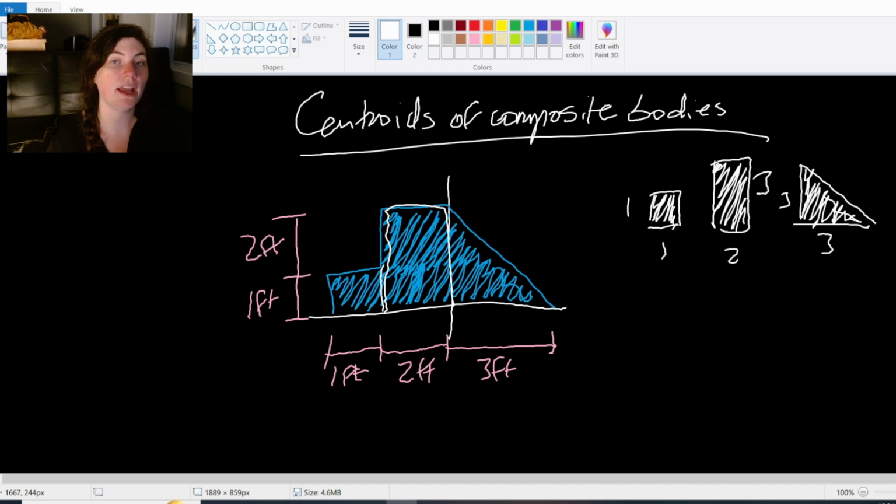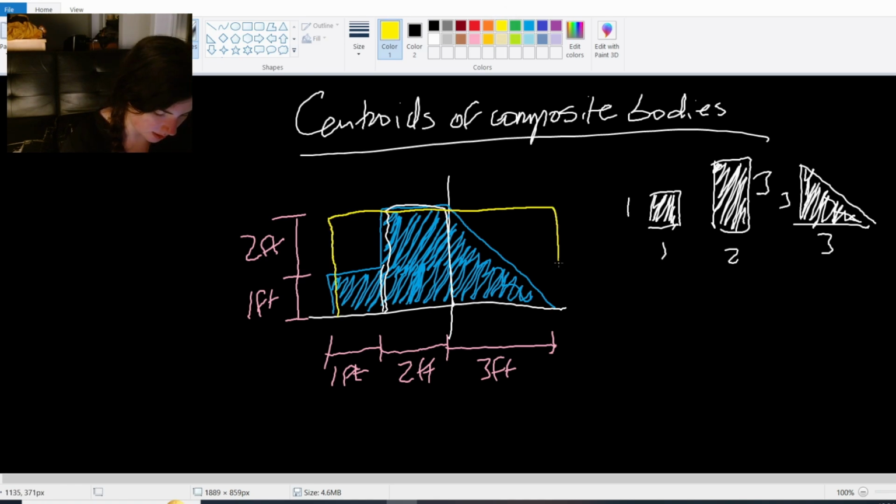But we can also account for the blank spaces. We can add in blank space shapes and use those as subtractions. So what we could do is say, okay, I'm going to do this whole thing as one rectangle and find the centroid of that rectangle, right? Break it out into that shape.